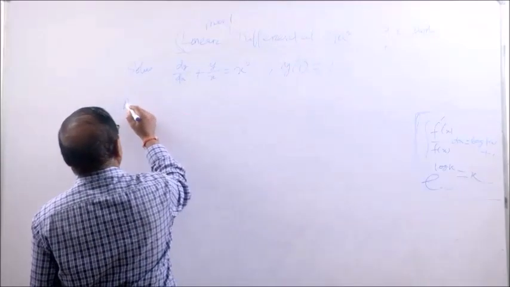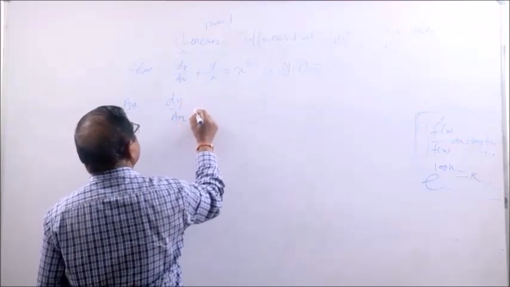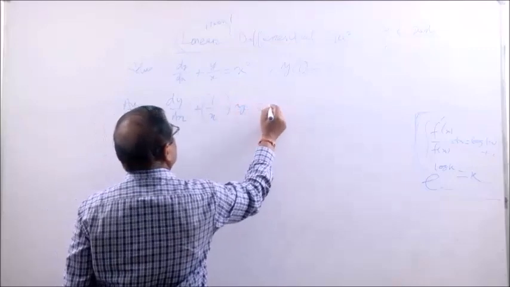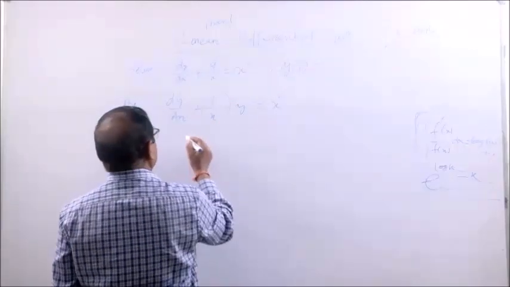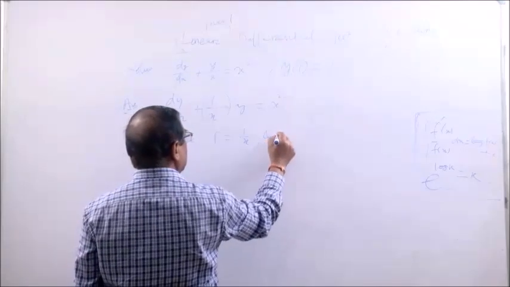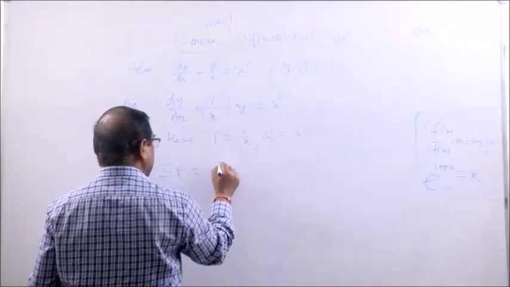Now the answer. Here we write like this: dy by dx plus y by x is equal to x square. Here what is P? P is 1 by x, and Q is x square. What is the IF? e to the power integration of P dx.